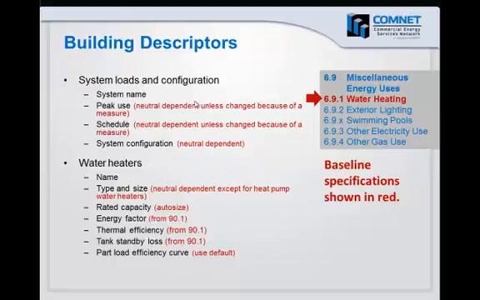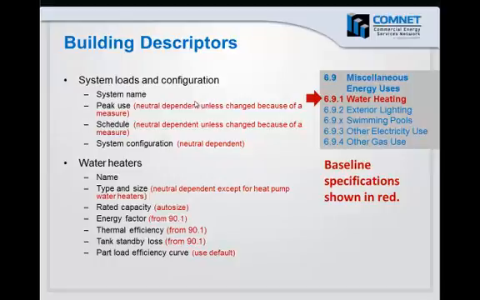These are all neutral dependent, which means that the baseline building basically inherits the conditions of the rated building. There's no credit. Although it is possible for the modeler to make adjustments in either peak use or schedule if they have an energy efficiency measure that they can document that reduces demand or somehow shifts schedule.